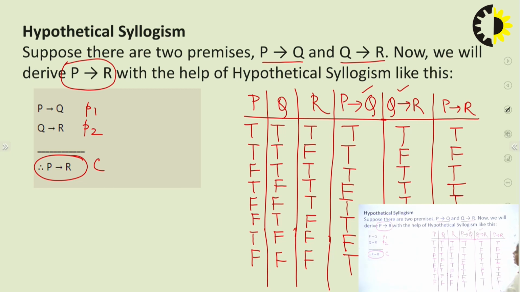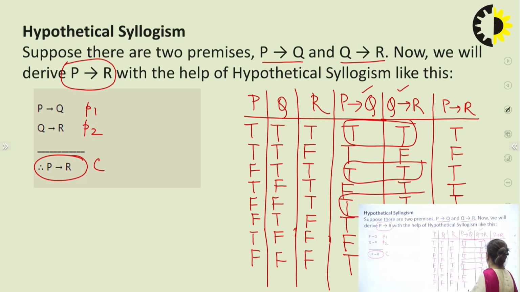So now first I'll check the critical rows. Critical rows will mean that for the premises I'll see where I have both the premises as true. So one is this one. Then the second one is this one. Then the third one is this one. And then I have a fourth one, that is this one.